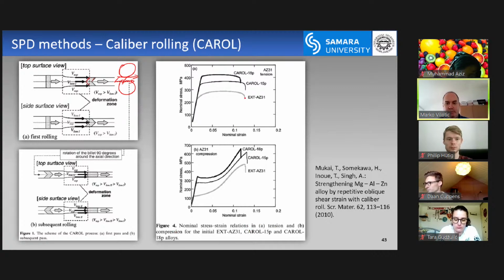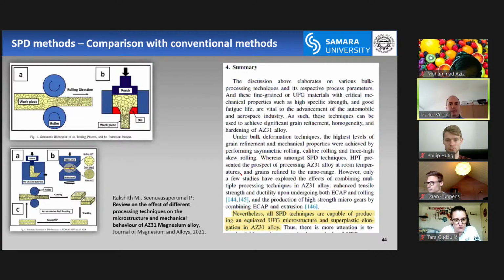So this is the initial material, and in both cases you get material improvement. That's the thing. And as you can see, the strain here, the elongation, is very comparable. It's not like with conventional metal forming, where you will get something like this and the strain will be much lower. Now the strains are pretty much the same.